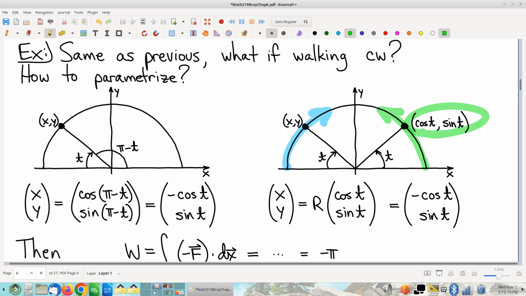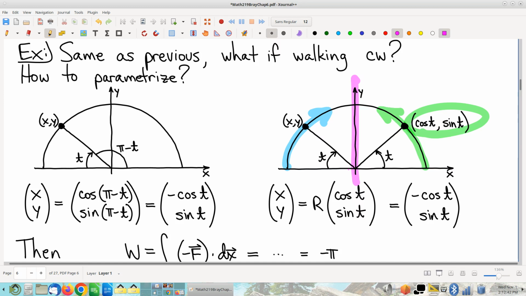Yeah, that's our old friend. We've done this a million times. So, what's the relationship between these two parameterizations? The blue one going like so, the green one going like that. I think it's geometrically pretty clear. They're reflections of each other over the y-axis. Is everybody okay with that?